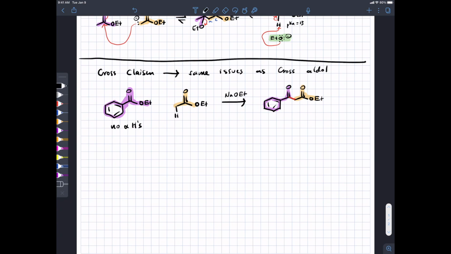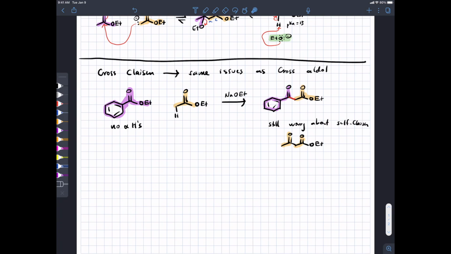Now, you would still worry about self-Claisen of the orange ester with itself, but I will allow you to pretend like this isn't an issue, and that if you use an ester partner with no alpha protons, that the reaction works well.